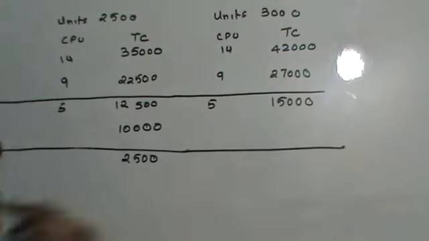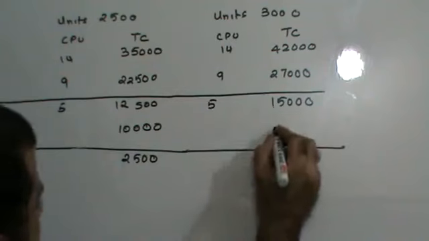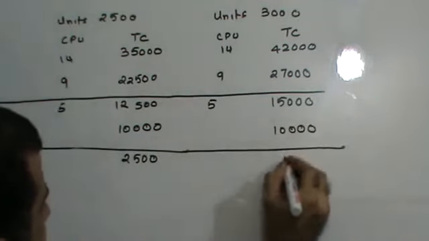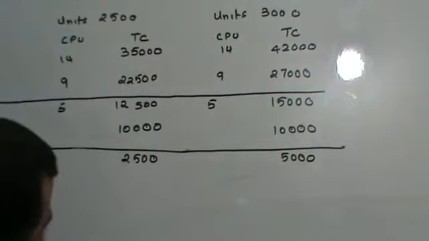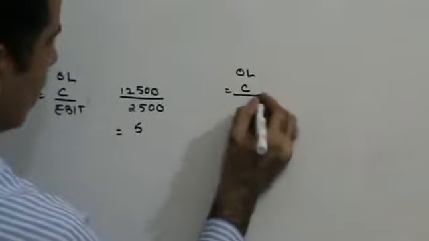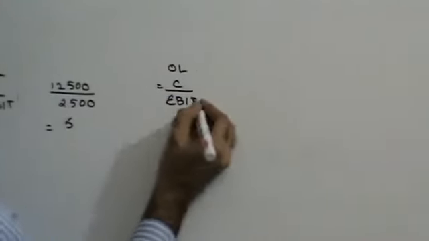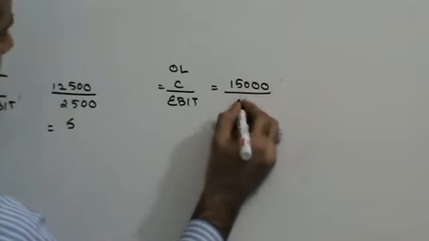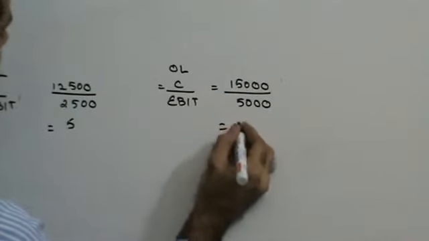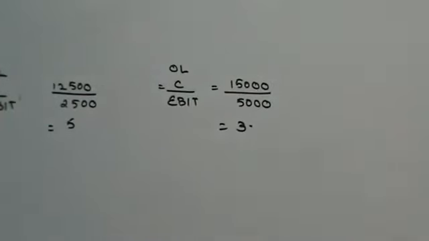I told you that fixed cost remains the same. Even if you increase the number of units sold, fixed cost remains same. So this will be 5,000. So your operating leverage is contribution upon EBIT. So this will be contribution 15,000 divided by 5,000, which is 3. Right? This finishes the sum.